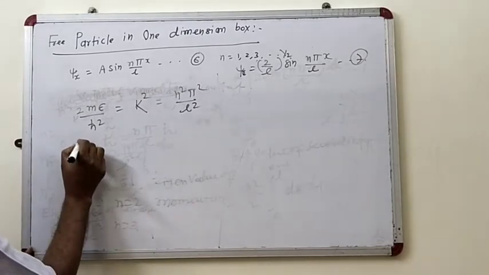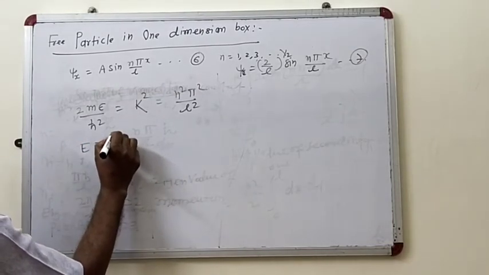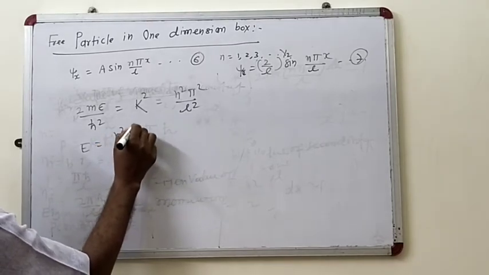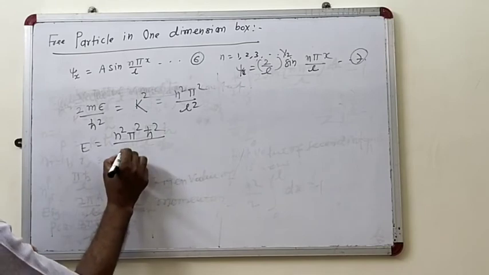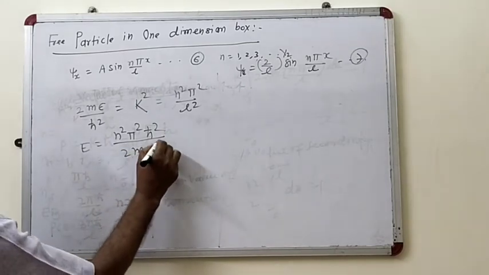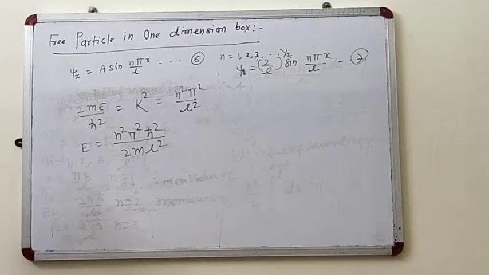Therefore, E is nothing but n square pi square h cross square by 2 m L square. This is the kinetic energy of a free particle when it is present in a one-dimensional box.